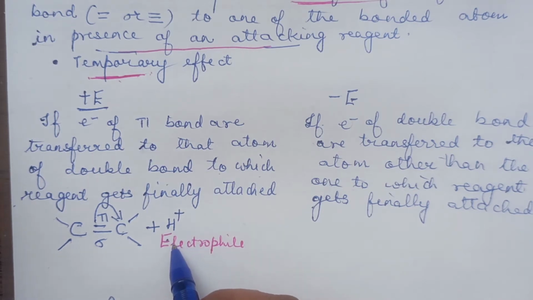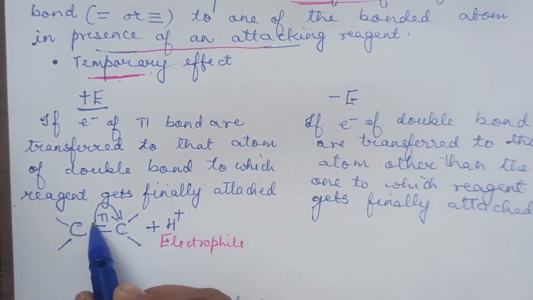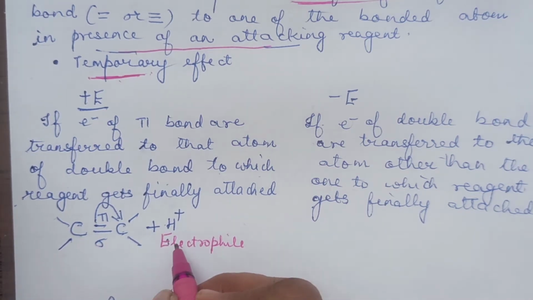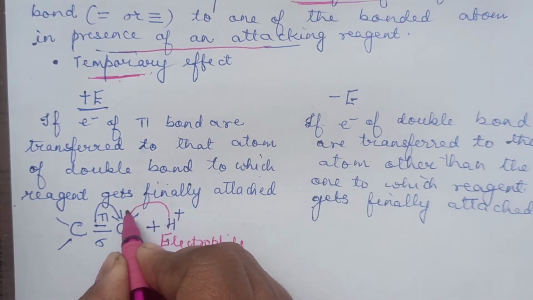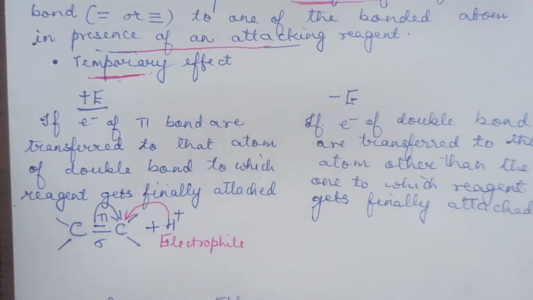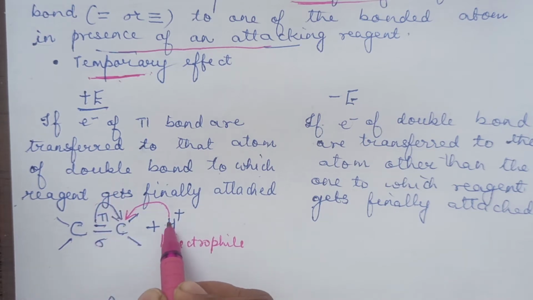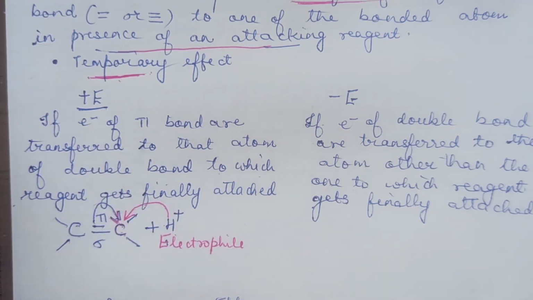So if these pi electrons are coming this side, the electrophile H+, because it is in need of the electrons, will also attack the same atom. That means the pi electrons and the electrophile both attack the same atom. This is the positive electromeric effect.